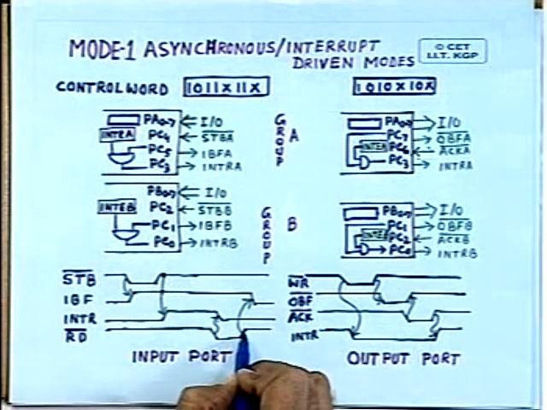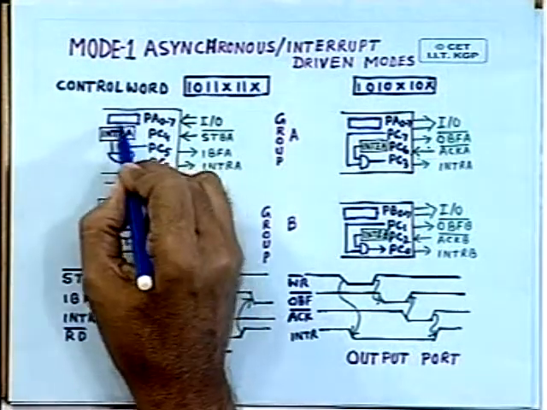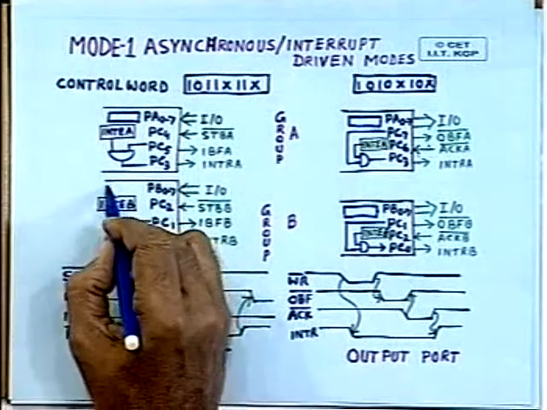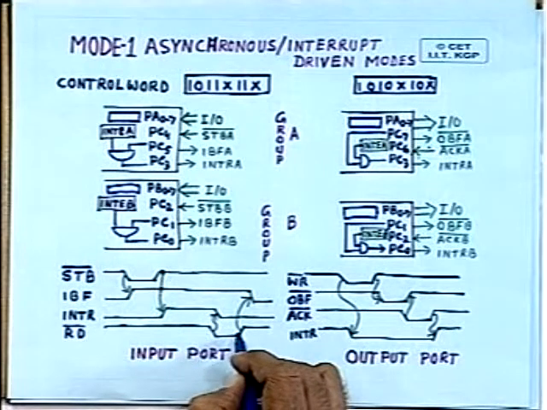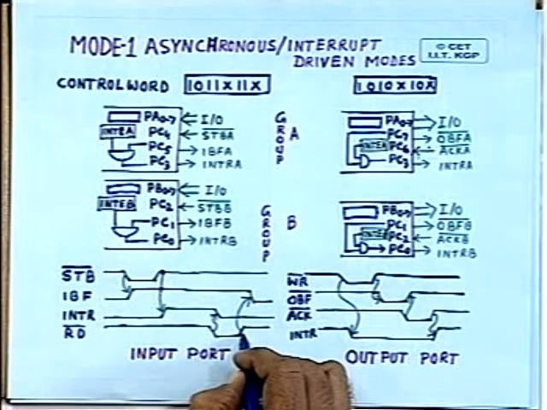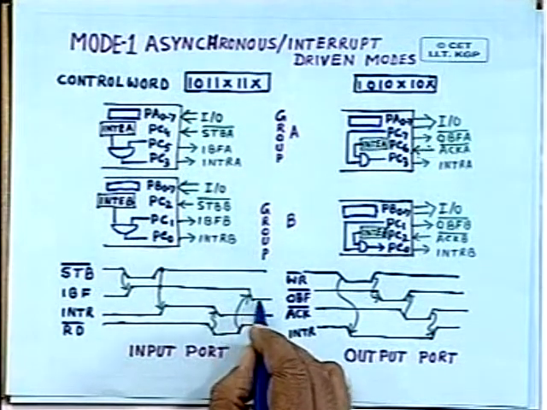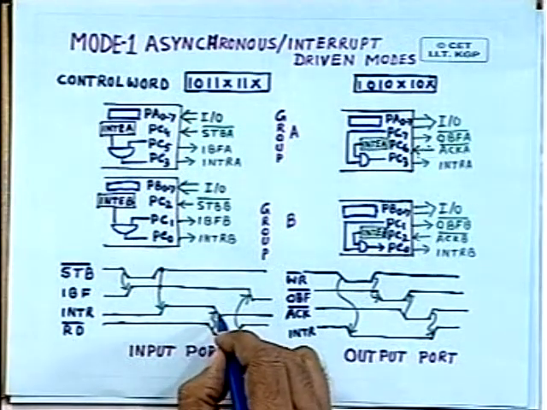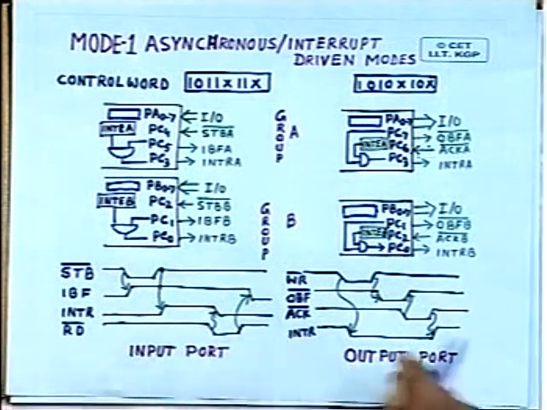And as the read signal is done, the data will be transferred from port A or port B to the accumulator, and data will go to the microprocessor. And as you can see here, as the reading operation is finished, the input buffer full is going low and the interrupt is also withdrawn. So it is ready for another byte of data transfer.